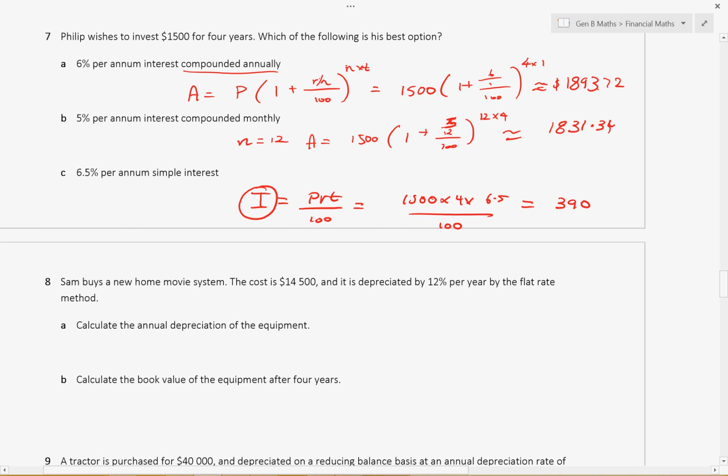Now we need to add that onto the principal. So the amount is equal to 390 plus 1,500, which is equal to 1,890.